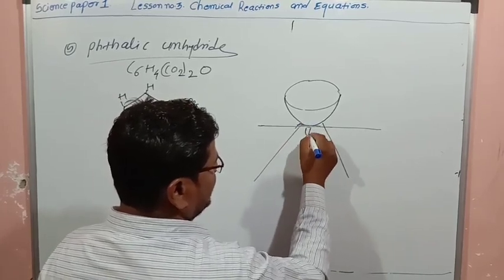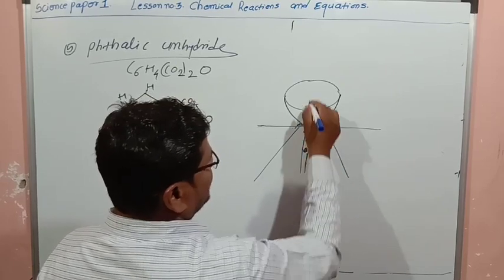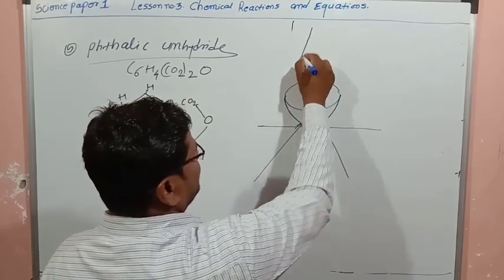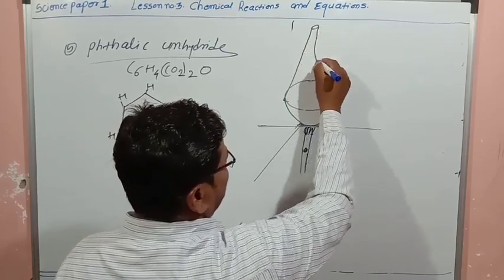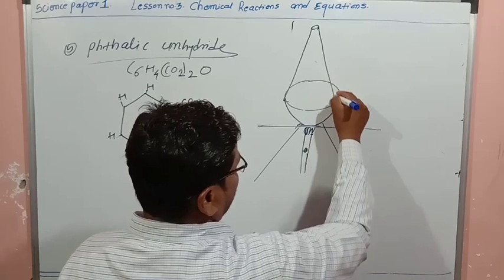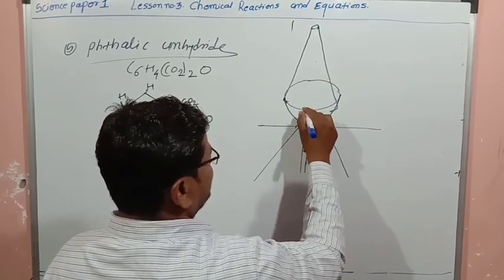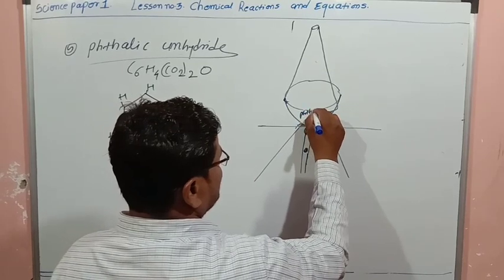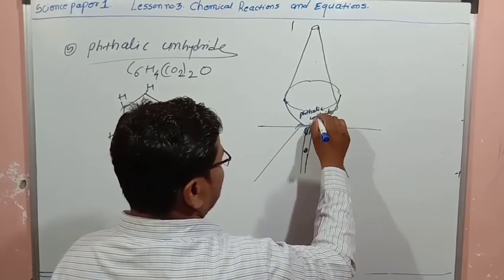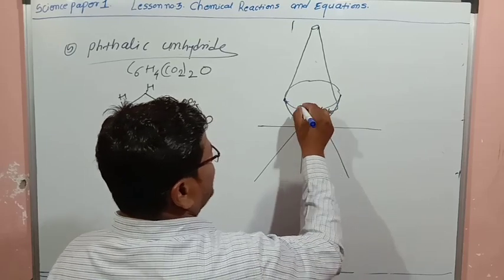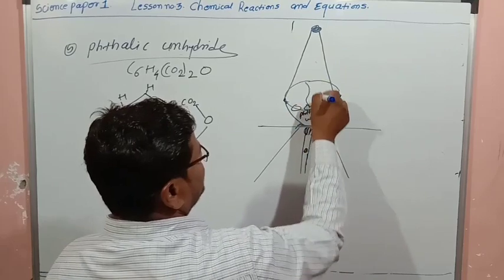You have to take a burner, and here one funnel you have to keep inverted. In this you have to take phthalic anhydride. Here cotton you have to take, and it will heat.